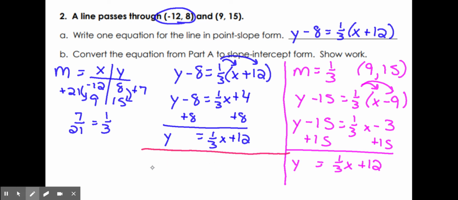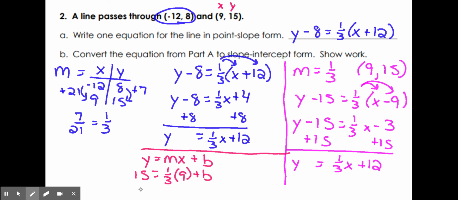So quickly, I want to show you one more thing. Copy this down and have it in your notes. This is what we did before. Remember, we used y equals mx plus b. We plugged in our 1/3 and we plugged in one of the points, right? So if we let this be x and this be y, we said 15 equals 1/3 times 9 plus b.